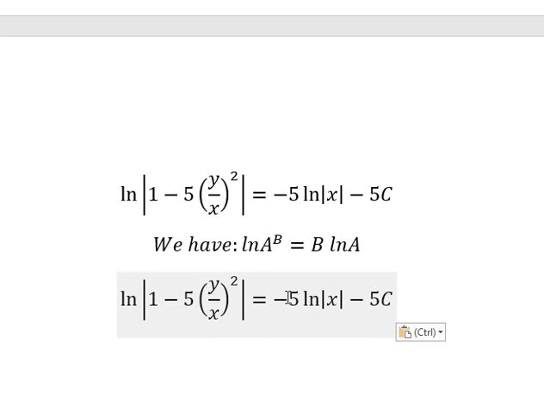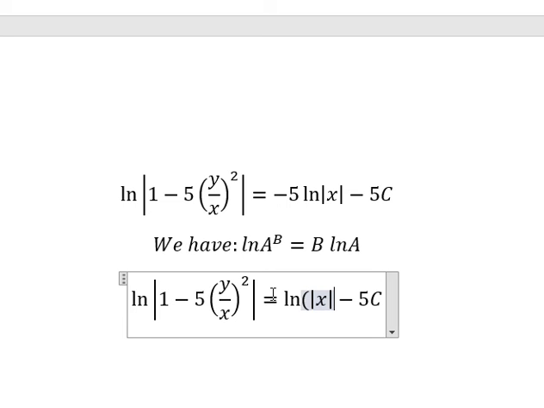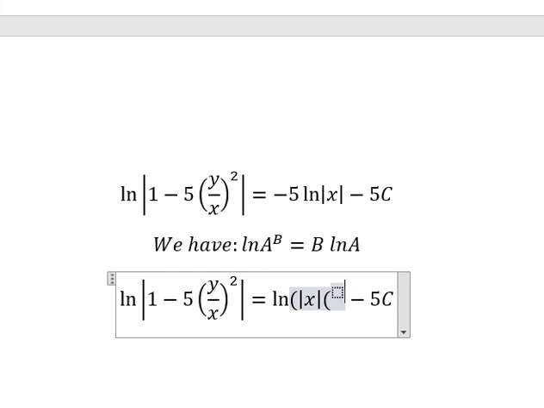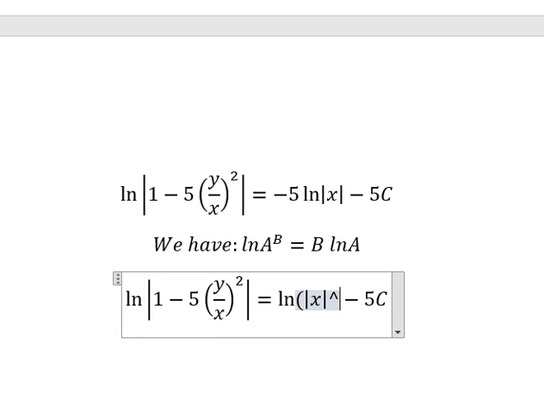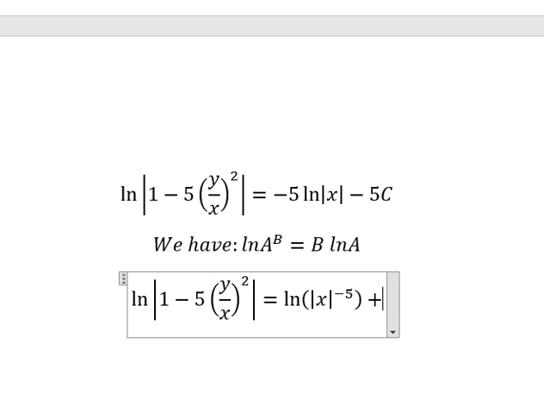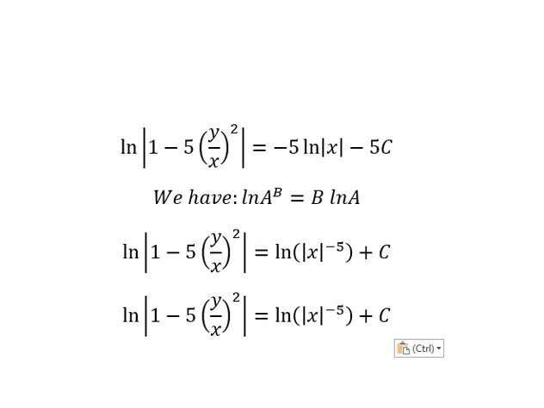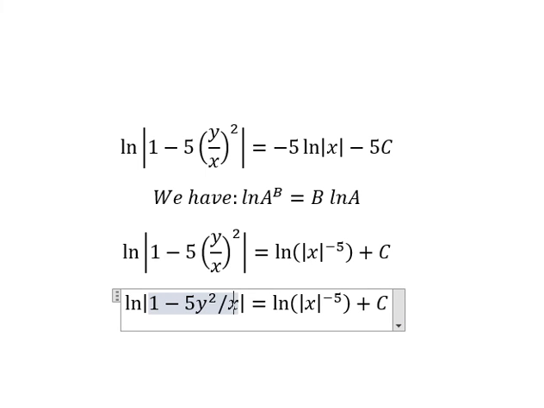Now I will put negative number 5 go to here. And this one we can consider as the constant that is seen here. And this one I can put into y squared over x squared.